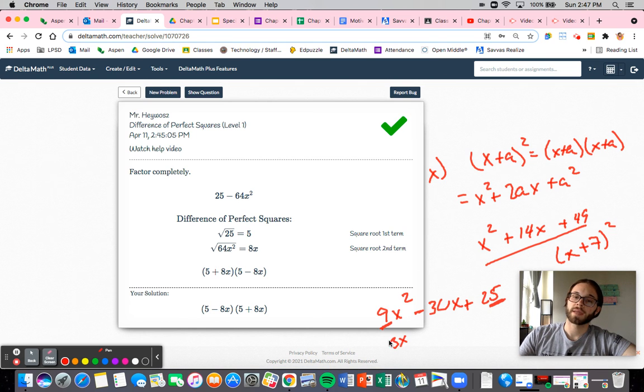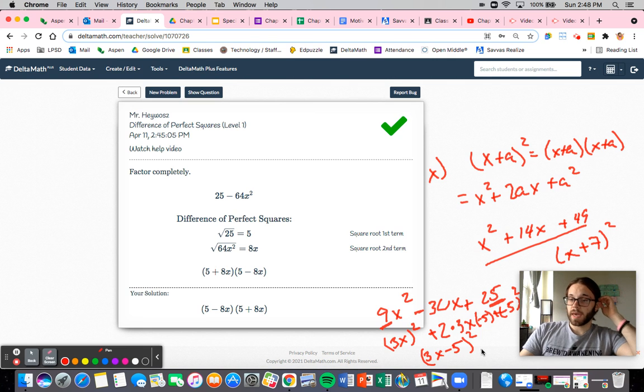This is 3x squared. This is plus 2 times 3x times negative 5. And this is negative 5 squared, right? It all comes out the same. So you're going to have 3x minus 5 squared. Okay. So that is just another special case.